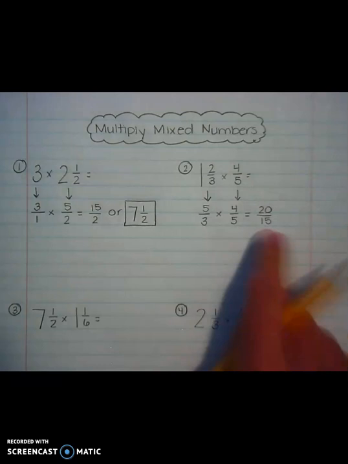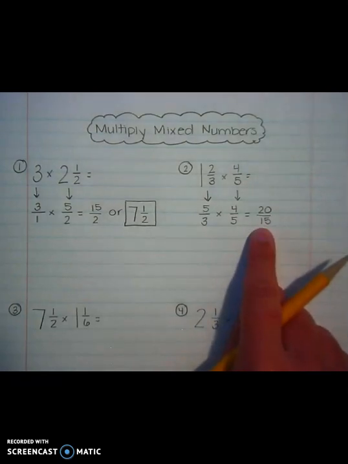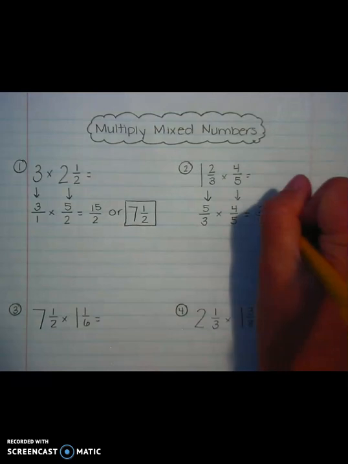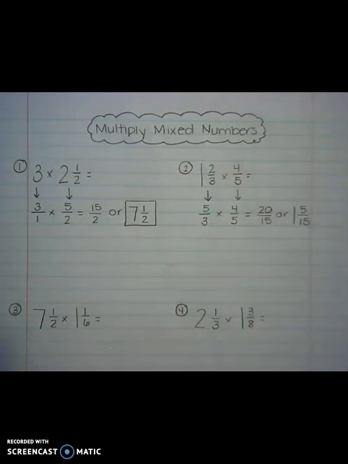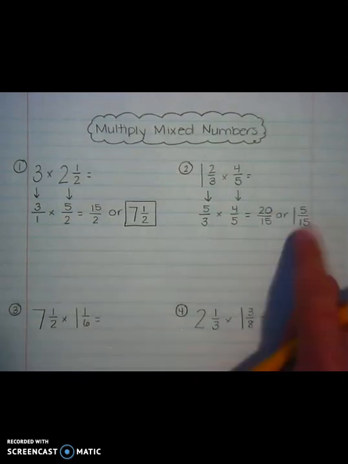So in this particular answer, I see two things going on. First, I see that 20/15 is an improper fraction. So I need to start by writing that as a mixed number. That's the same as 1 and 5/15. But believe it or not, I'm actually not done yet because 5/15 is not in simplest form.